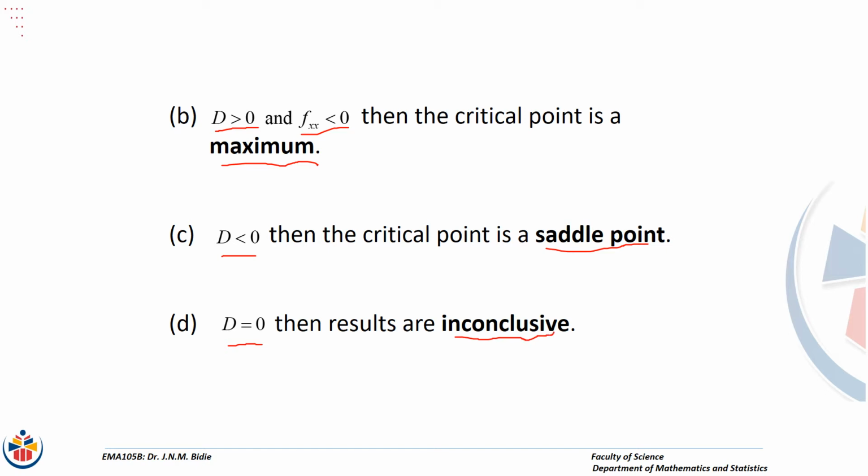So we'll have to figure out ways to make sure that we know exactly what is going on at that particular point, because if D is equal to 0, it does not give us any idea whether it's a maximum, a minimum or a saddle point.